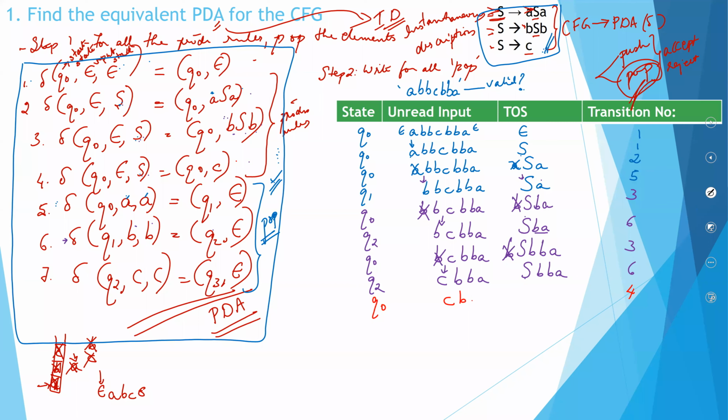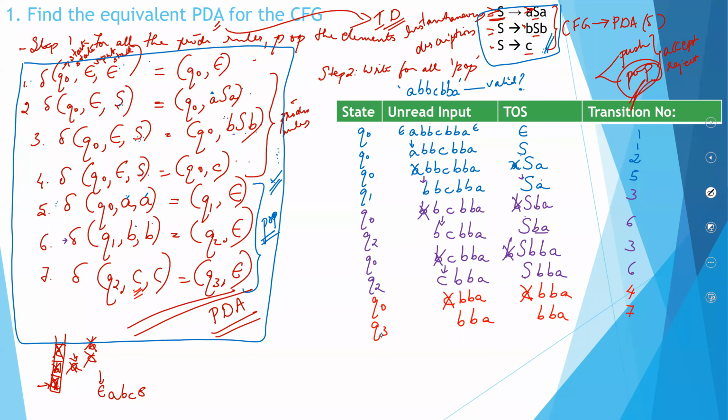Instead of S, I will have a C, C, B, B, A. Okay, top of the stack is C. My input is also C, which means I will be able to pop out courtesy step number 7. Okay, step number 7, I will be able to pop out BBA. So now I am in my state Q3.